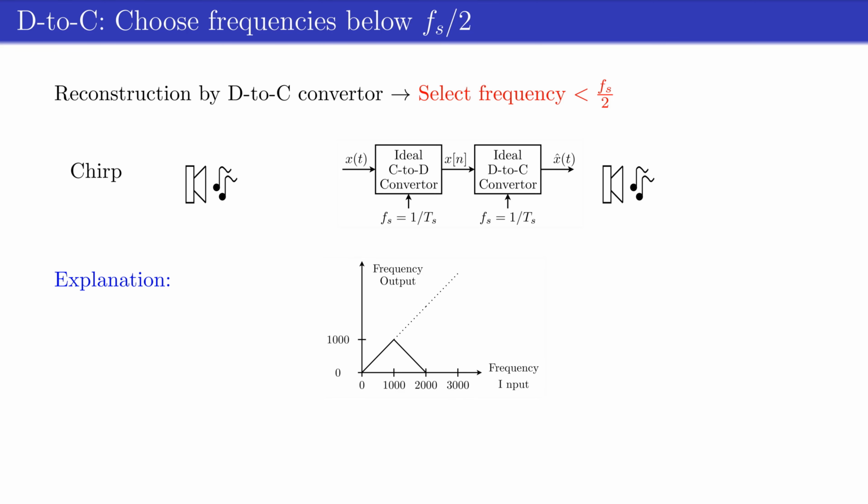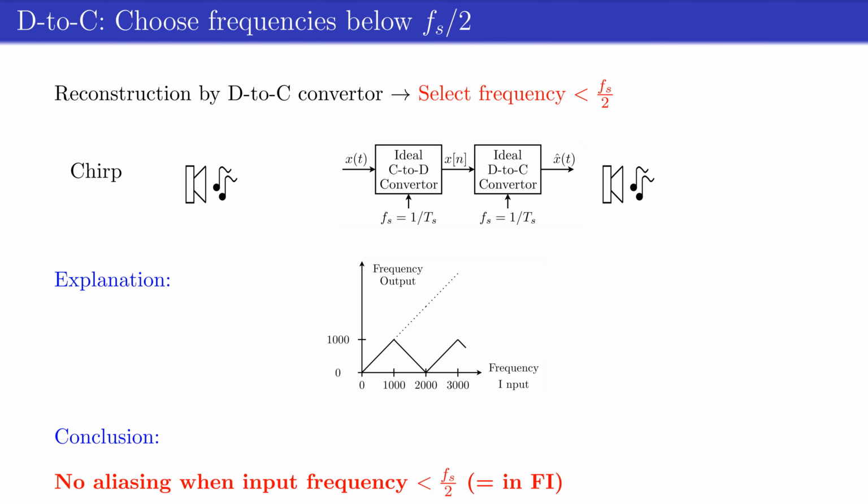Thus, if the input signal becomes larger than 1000 Hz, the intermediate discrete time frequency will be mapped back into an output frequency which is in the range in between 0 and 1000 Hz. Even in case the input frequency grows higher and higher, the intermediate discrete time frequency will always be mapped back into an output frequency in the range in between 0 and 1000 Hz.